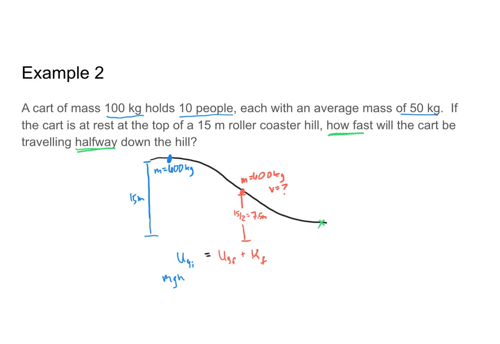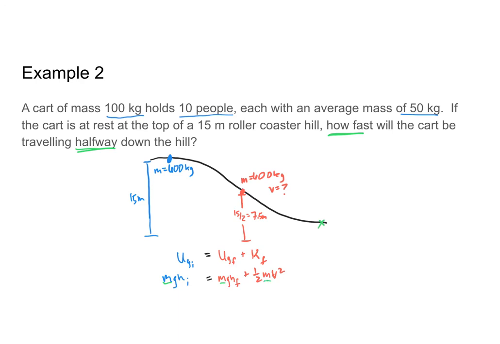So I get that mg times my initial height is equal to mg times my final height, which I'm having some trouble writing here. Let me go ahead and clean that up a little bit. So m times g times hf plus 1/2 times my mass times my speed squared. Now you'll notice I have a mass in each one of my terms.